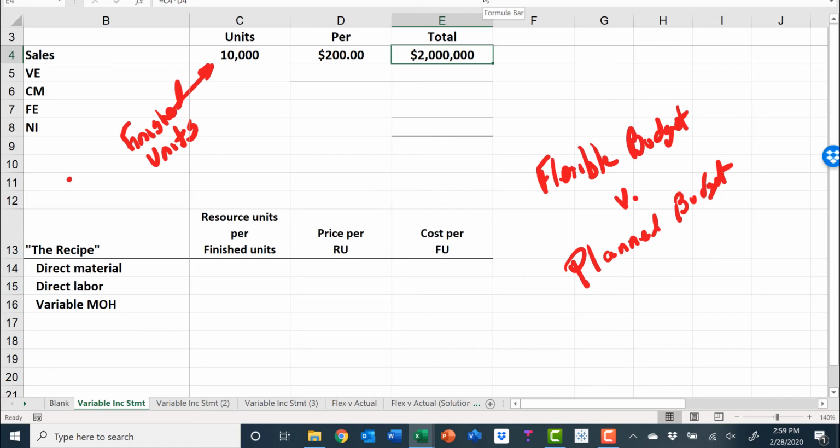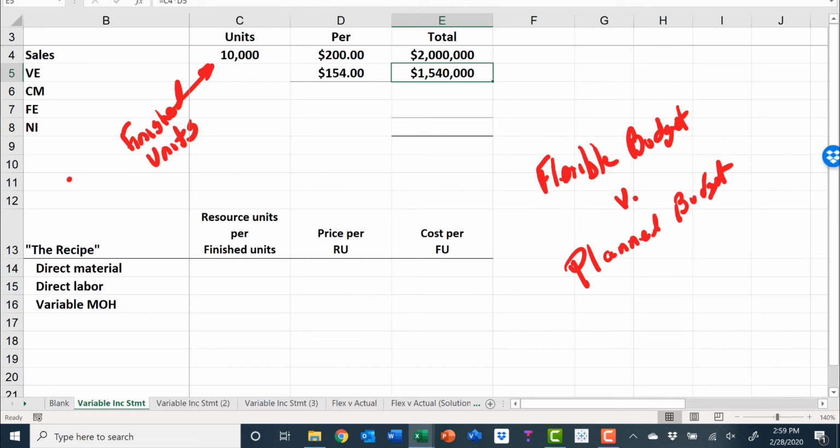Okay? Now, the next thing you would do is I've always given you some sort of variable expense per unit, right? So if I gave you variable expense per unit, we're going to call it 154. And I'll show you where that number comes from in just a minute.